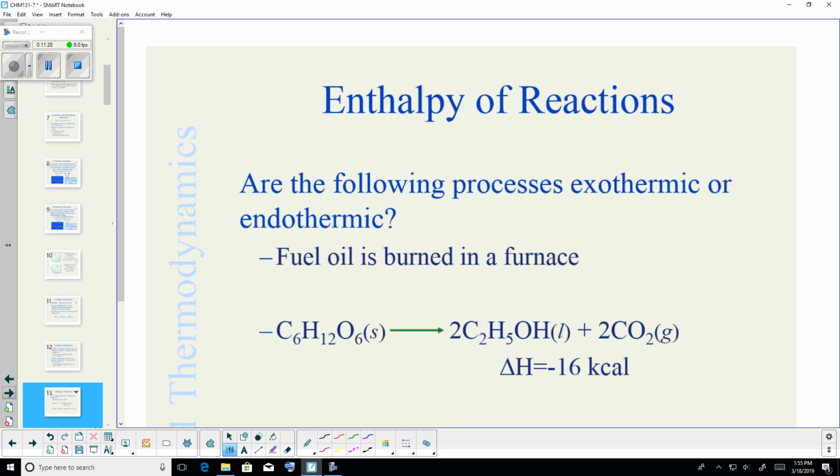The bottom one here, we have glucose going to ethanol and CO2. It's fermentation. The delta H is minus 16 kilocalories, exo or endo. That's also exo. It's a negative number, yes. So when glucose ferments, if you're making moonshine, ethanol, CO2, it will get warm.